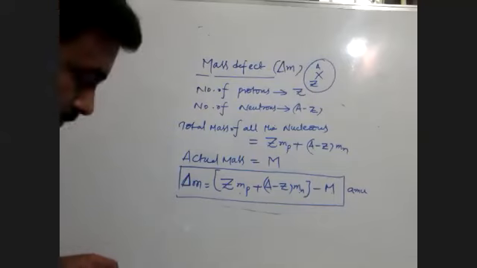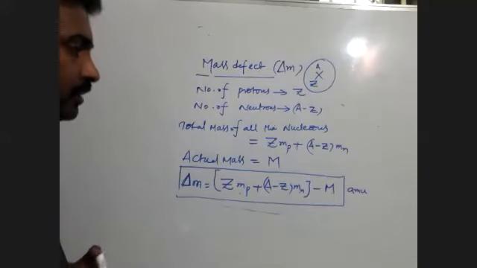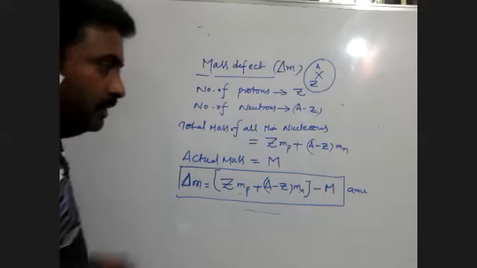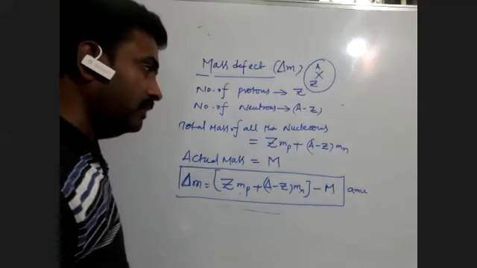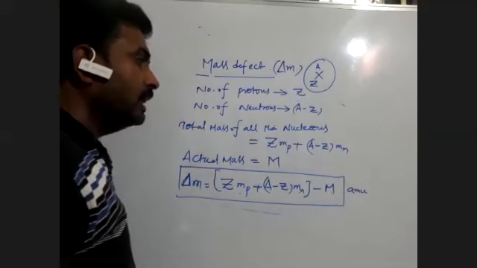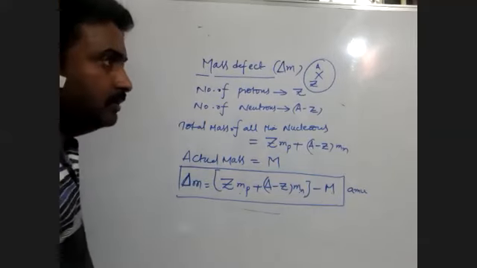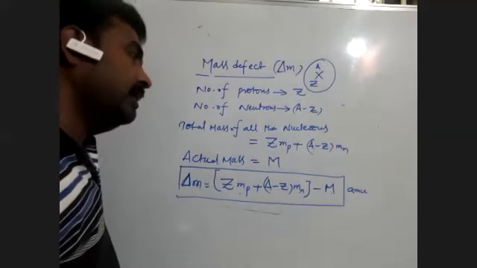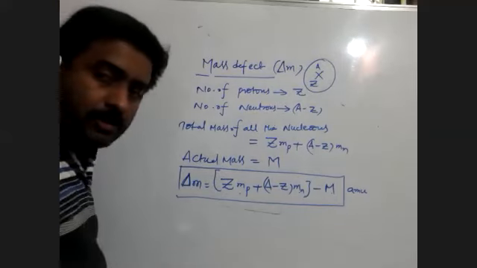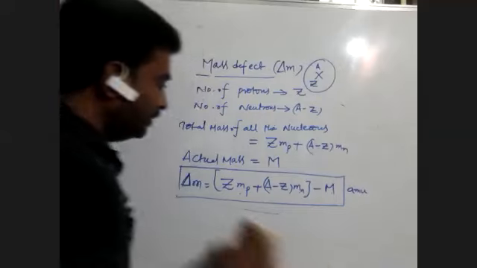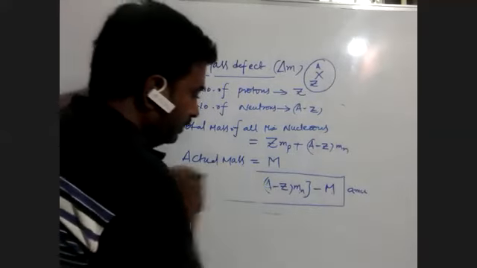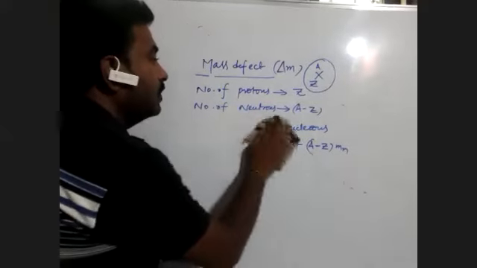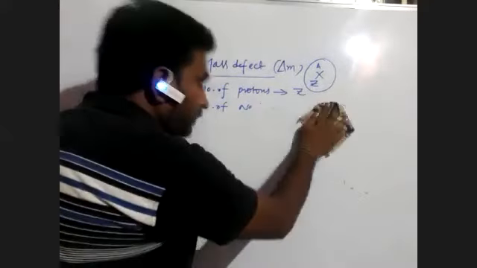Then our concern is why we are getting this defect. In the previous topic, we discussed mass energy equivalence. That is, mass can be converted into energy, and energy can be converted into mass. Here, what we are going to discuss is that this amount of mass defect is converted into energy.